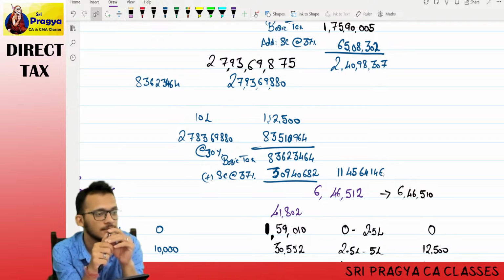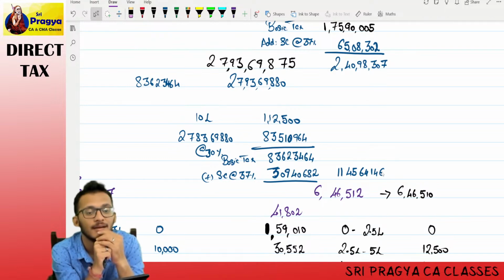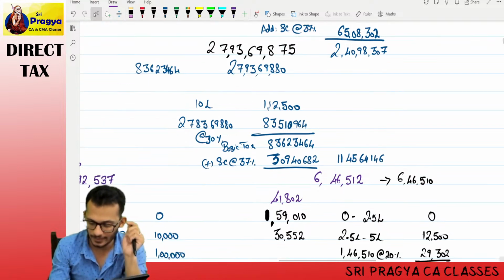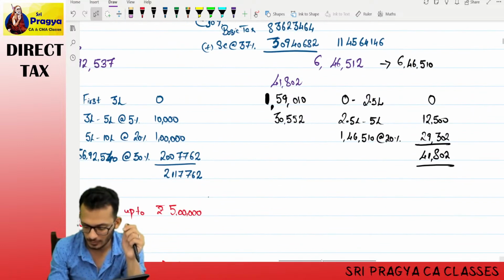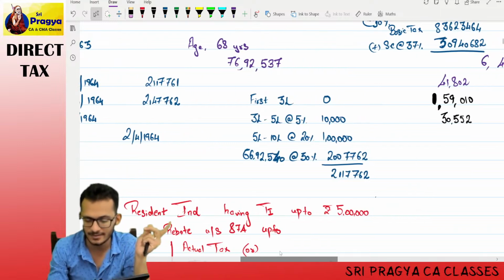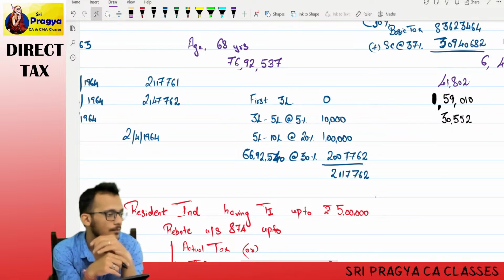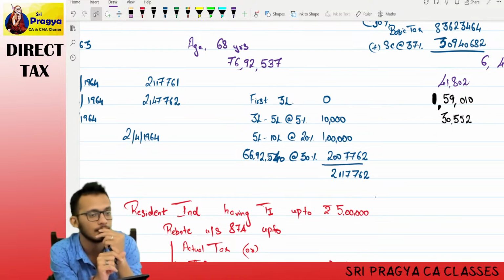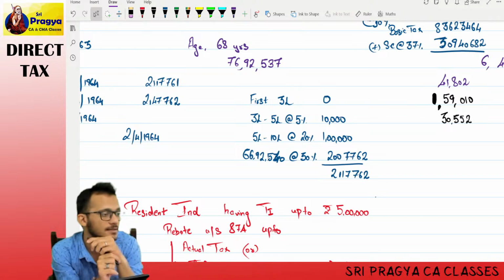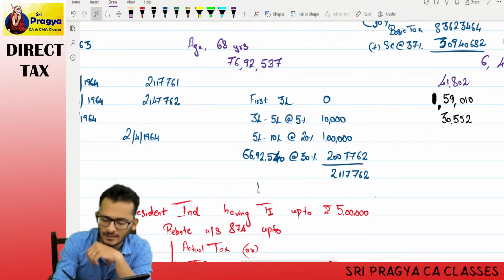Nothing, you are rich, you can be rich at any point of time, that's okay. 76,92,537. Yes, so the number was 2,117,762. Surcharge: 10%. Now you're between 50 lakhs and 1 crore. Add a surcharge of 10%.